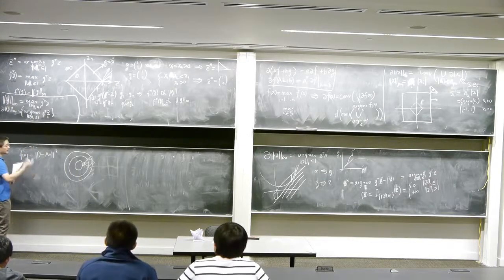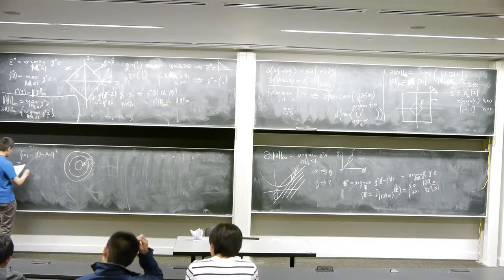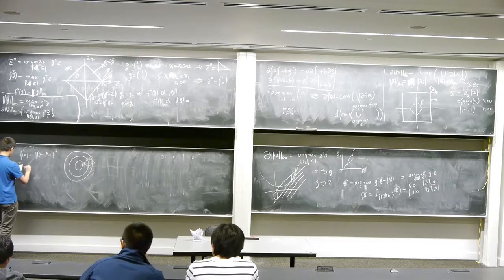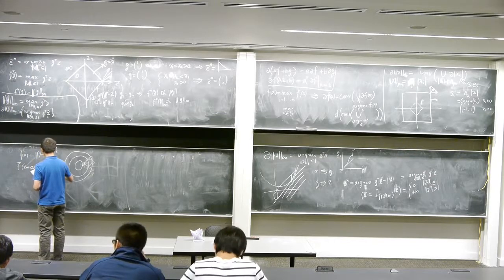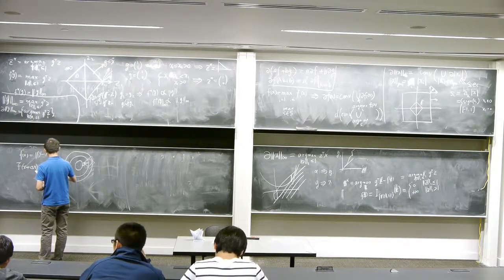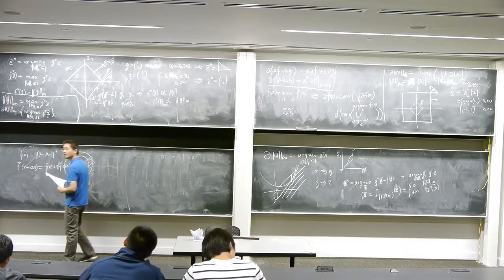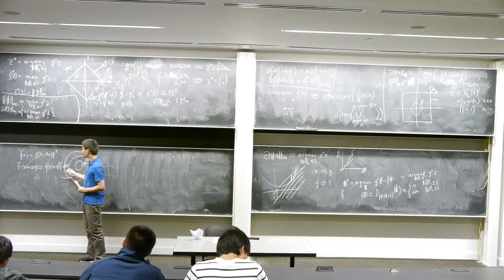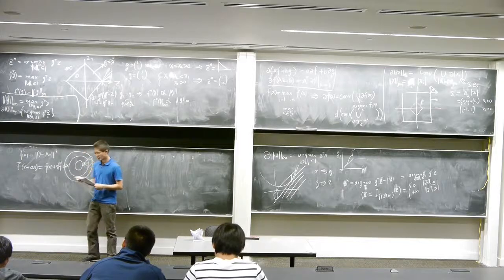So the tangent plane, because we have a differentiable f, basically says you start from x, and this is the gradient times delta x. This describes the tangent plane. Everybody agrees?